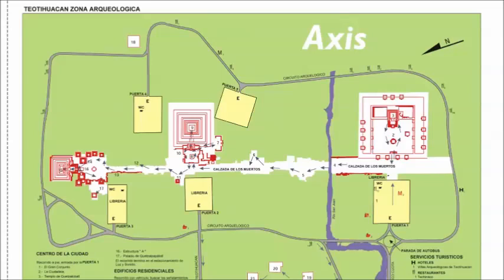Now, at its peak of population, it's estimated that there were over 120 or 125,000 people living at this site, and that made it, for the time, around 100 BC, the 6th largest population in the world.